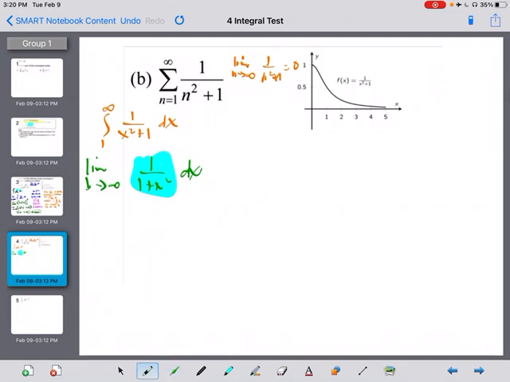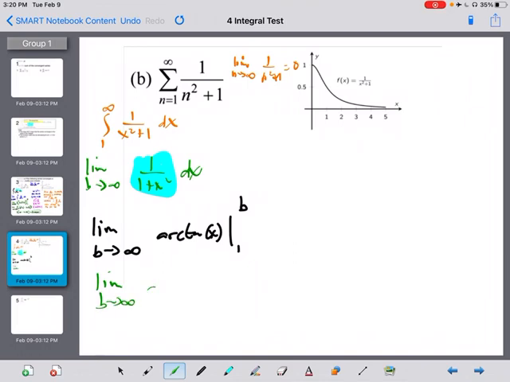So this is the limit as b approaches infinity of arctan of x from 1 to b. So we've got the limit as b approaches infinity of arctan of b minus arctan of 1.